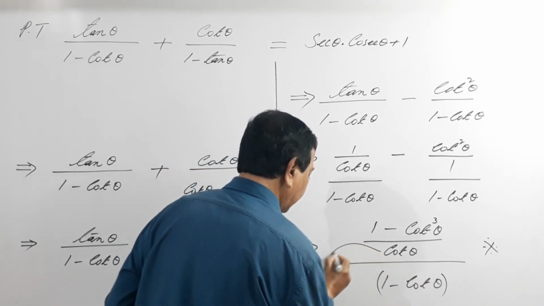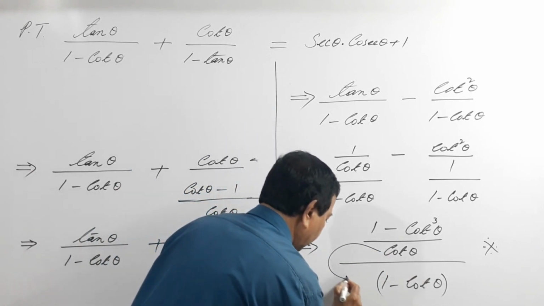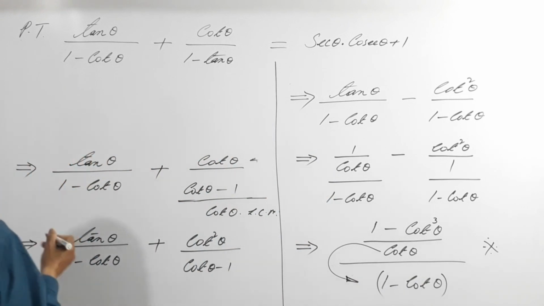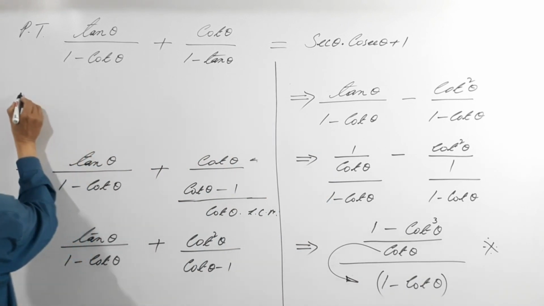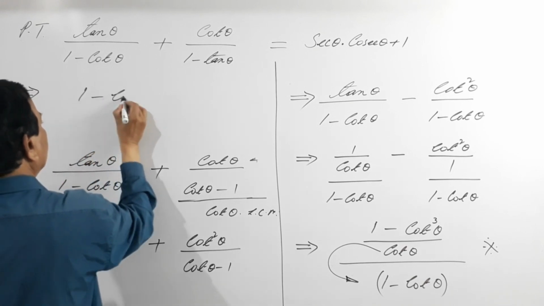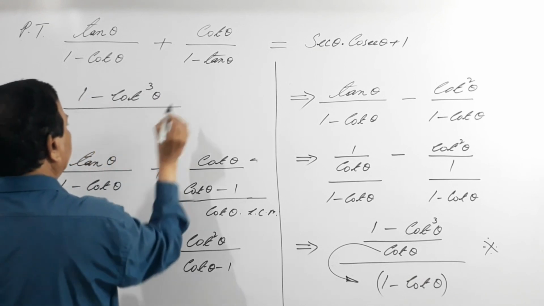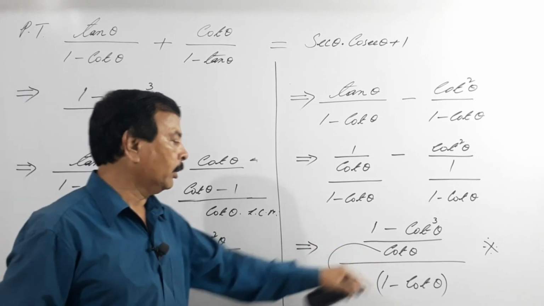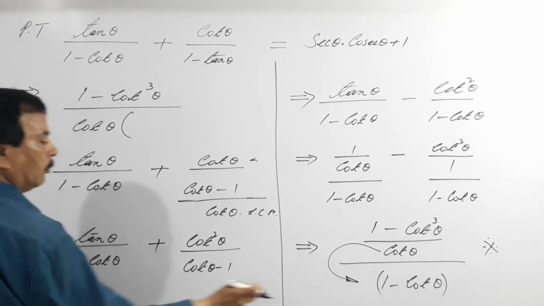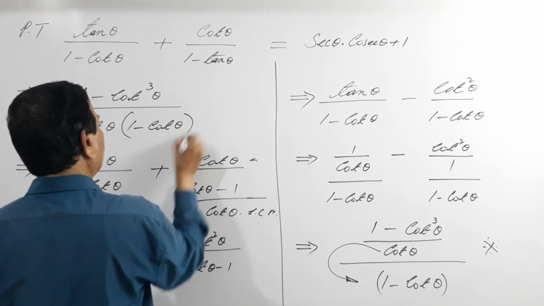I'll bring it to the denominator. So that is equal to 1 minus cot cube theta divided by cot theta into 1 minus cot theta, 1 minus cot theta.